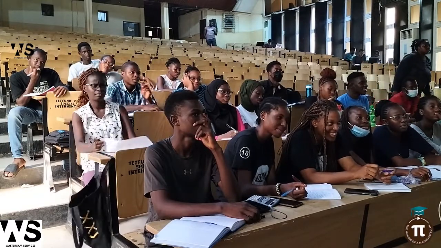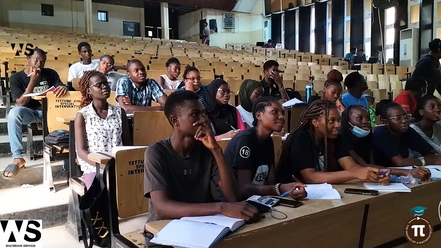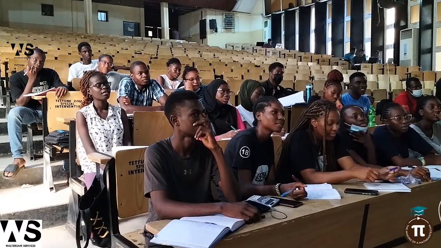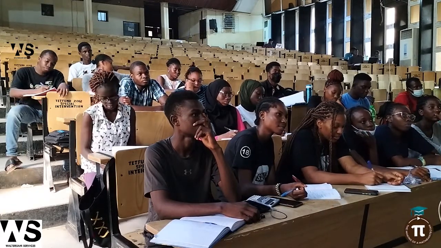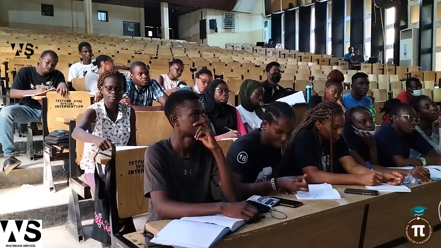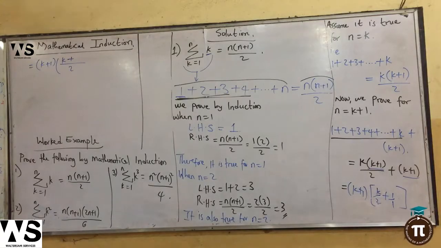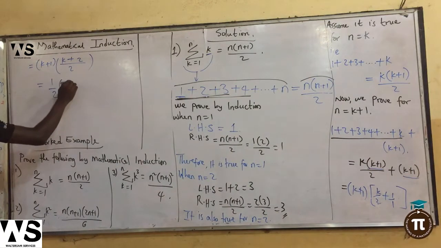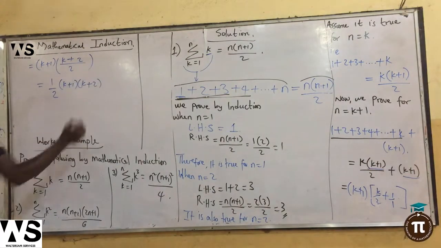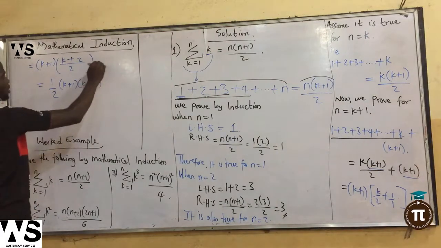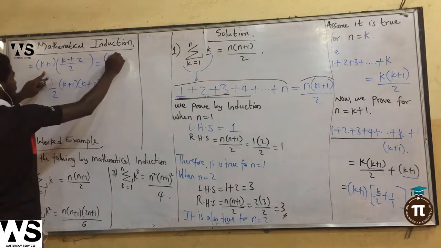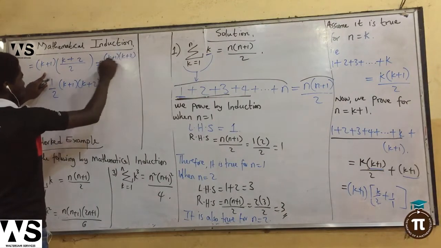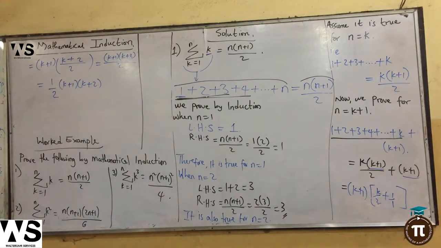LCM is 2, right? 2 divided by 2 is 1, 1 times k is k, plus 1 over 1, 2 divided by 1 is 2, 2 times 1. At the end of the day, I can actually write 1 over 2, k plus 1, k plus 2. If you don't get that, it's easy to write: I have k plus 1 here, k plus 2, and at the denominator I have 2. Whichever one you are writing is fine. Do you understand? We are done.